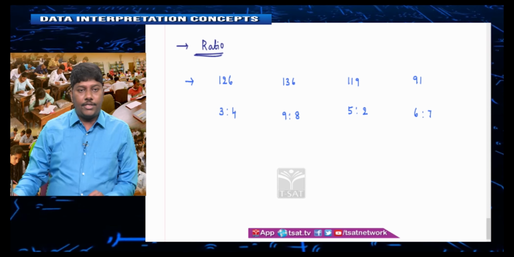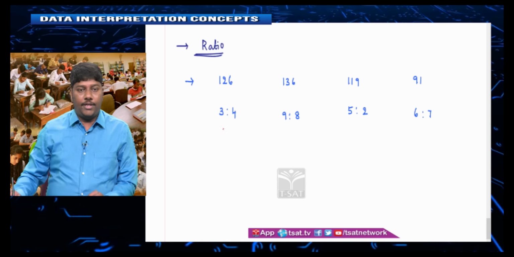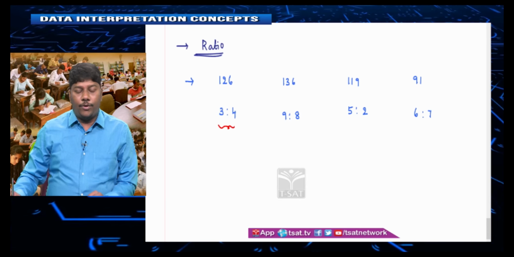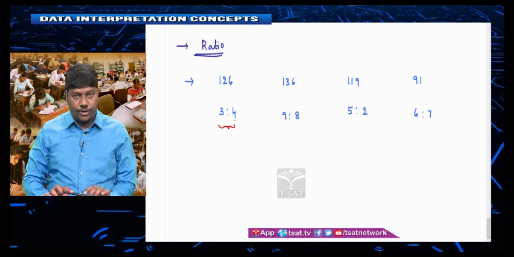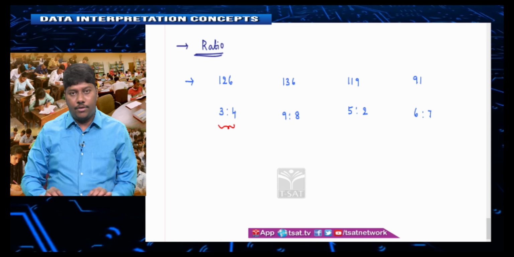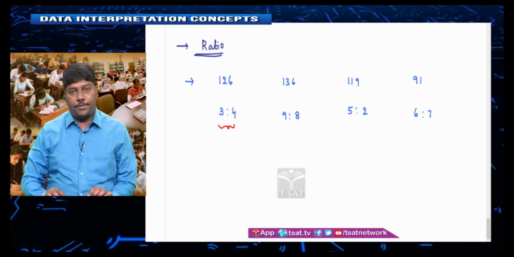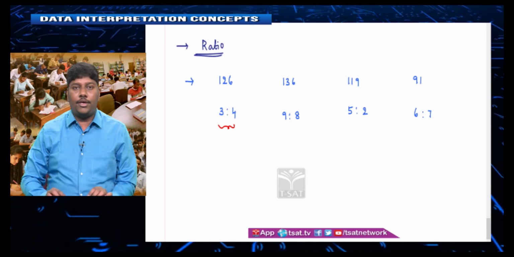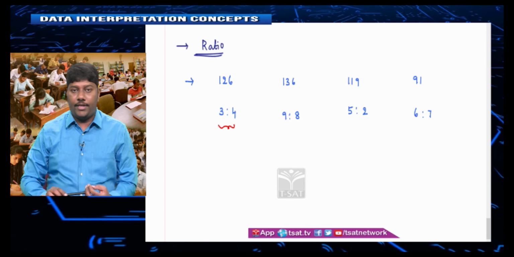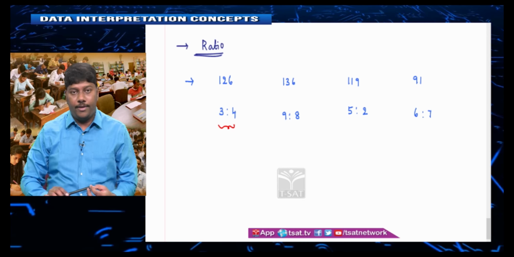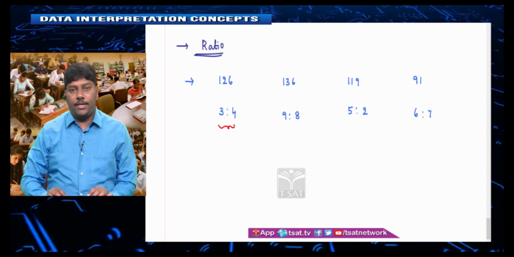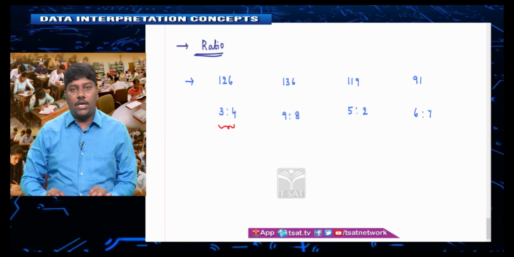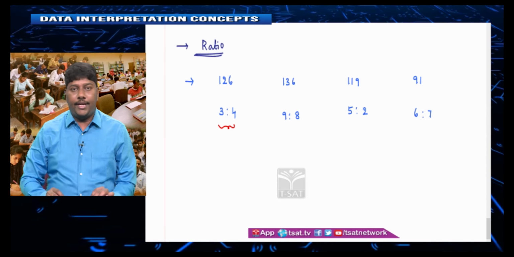So, without wasting time, in mind always assume 3 plus 4. There are 7 parts in this ratio. These 7 parts equal 126. When 7 parts is 126, you should be able to factorize the given number 126 quickly. 126 is actually 18 sevens or 14 nines. Here, the suitable one is 18 sevens.